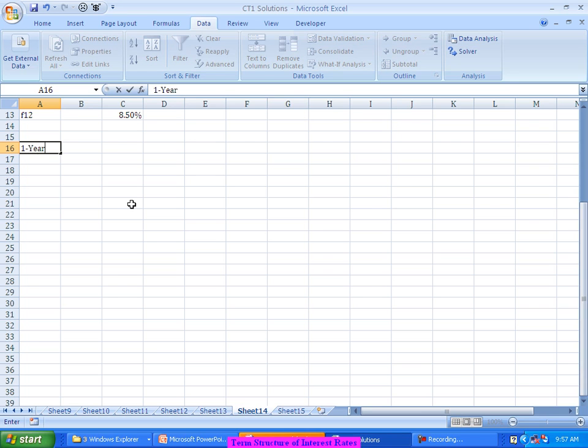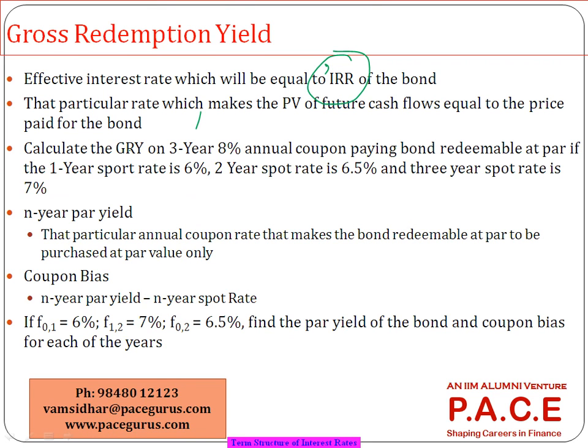A 1 year spot rate is 6%, a 2 year spot rate is 6.5%, and a 3 year spot rate is 7%. All right. Now, we'll talk about a bond which is paying 8% annual coupon.